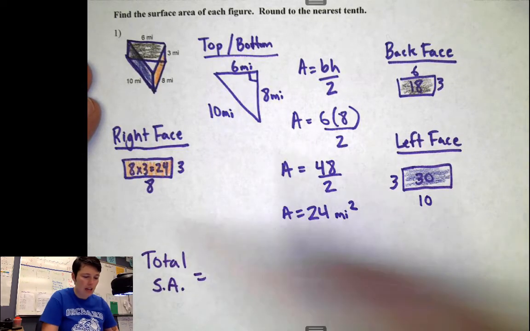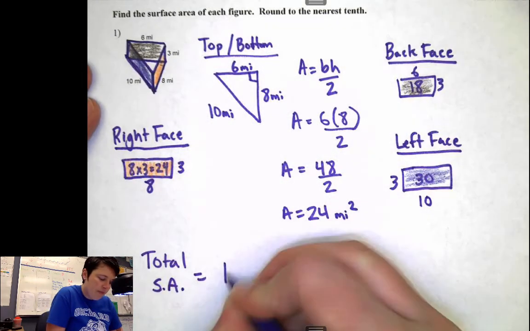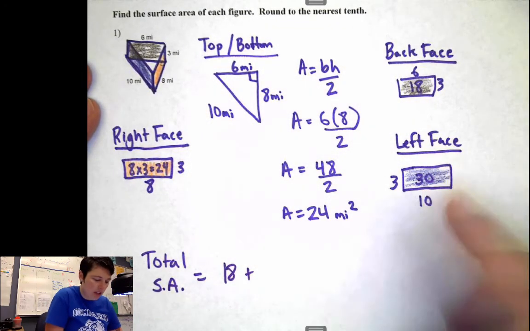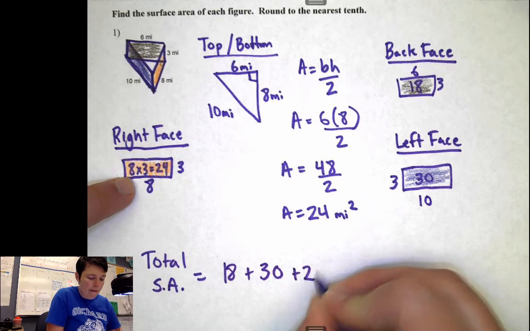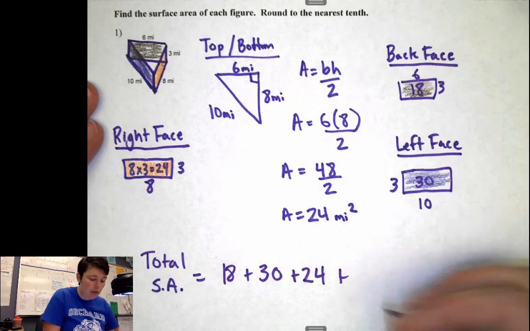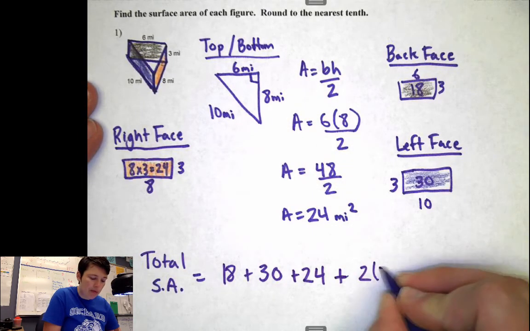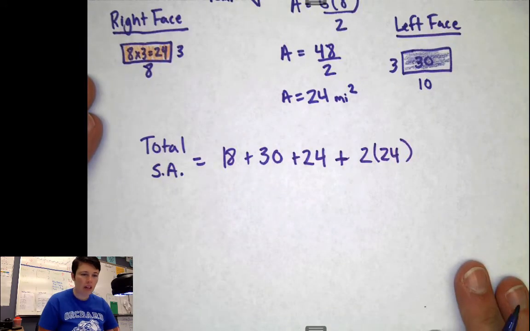Let's start with all the sides here. So we've got the back face was 18, plus the left face was 30, plus the right face over here was 24, plus the top and the bottom were 24, so we have two of those 24s, the top and the bottom. And then that's it. We just got to add that up to get our answer.